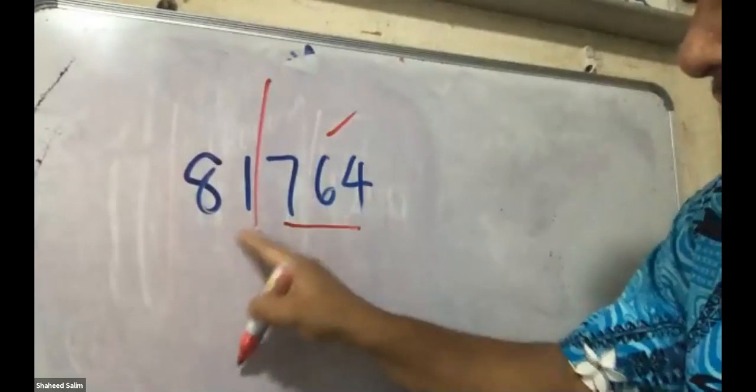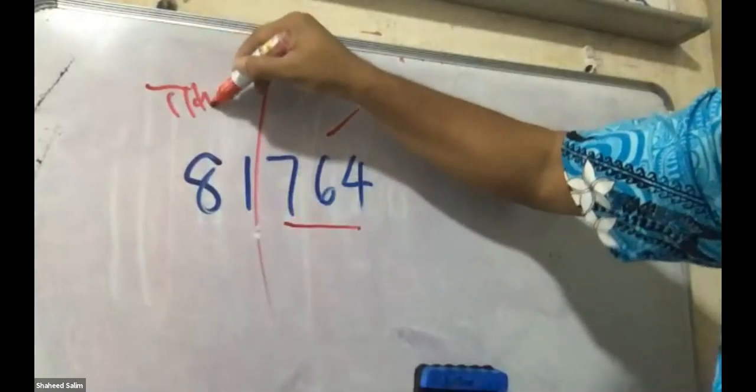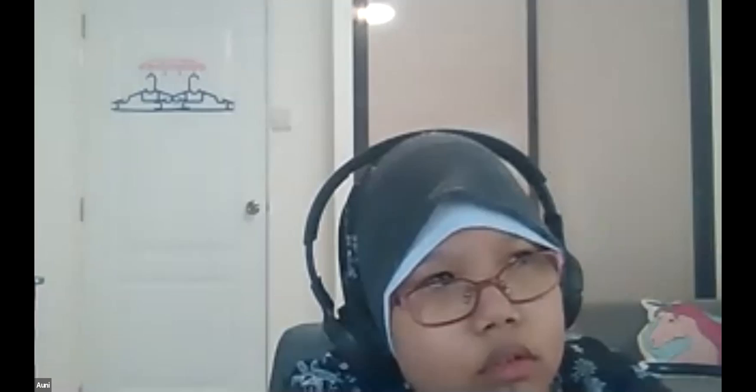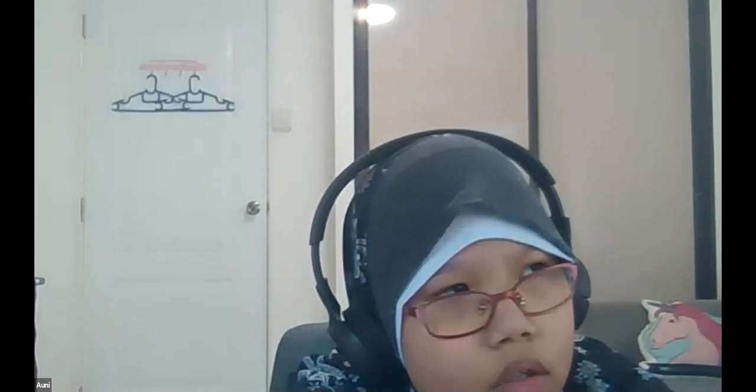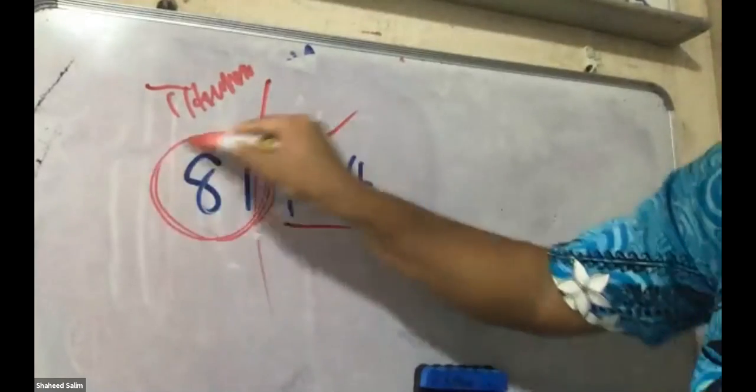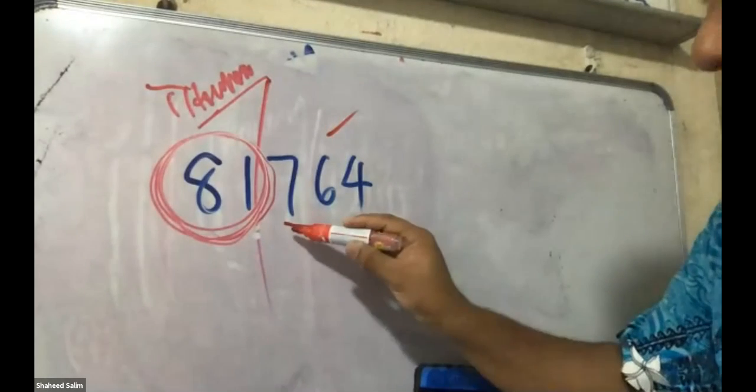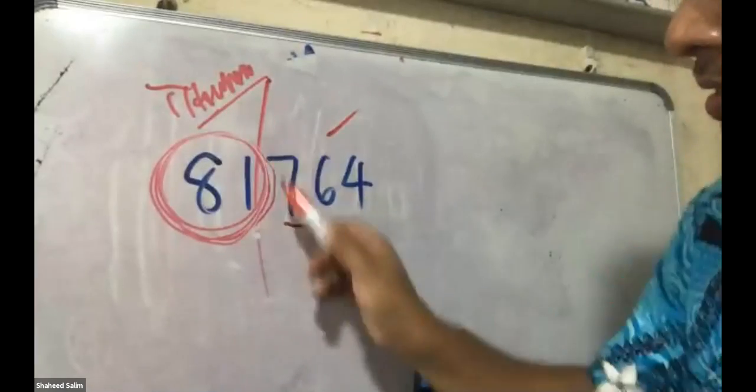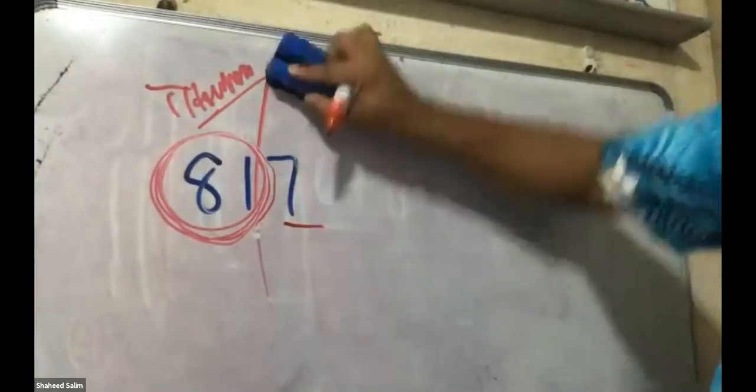Good. This one. What number is this? 81,000 and 764. 81,764.